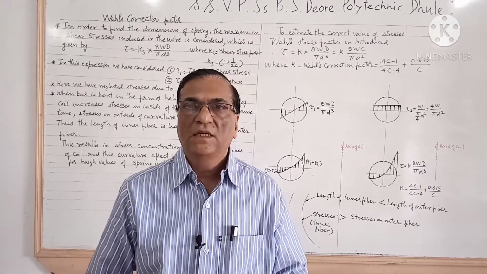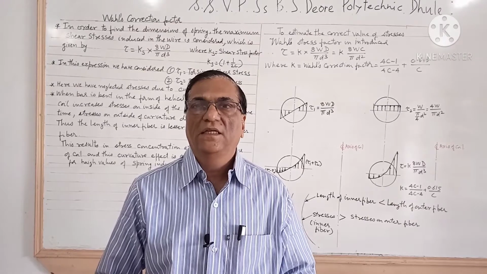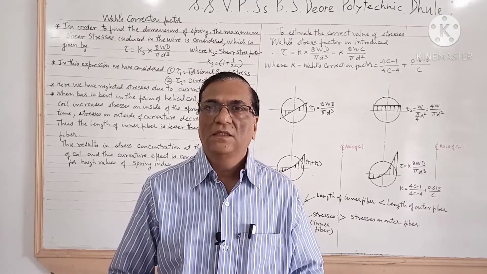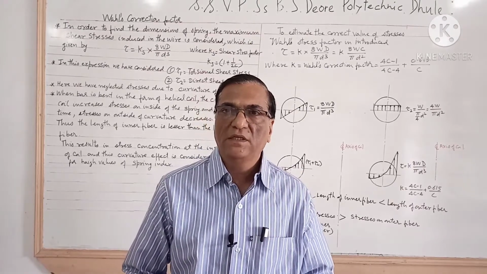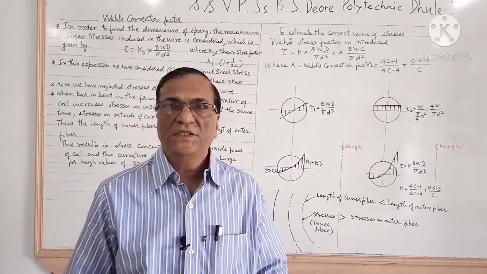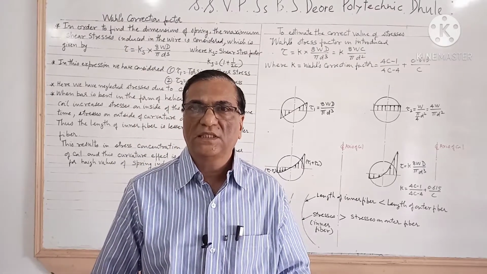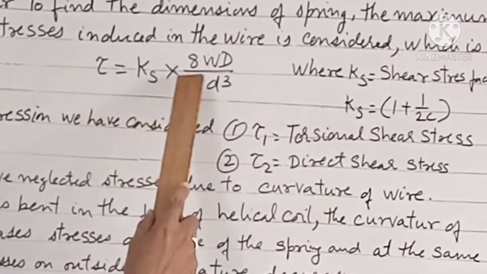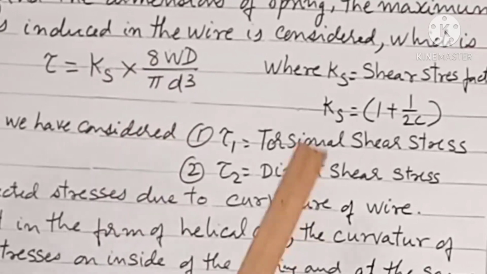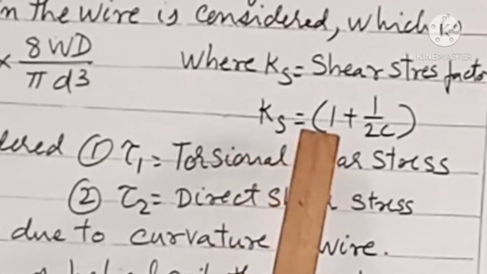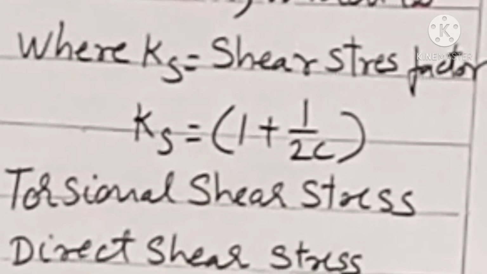In the previous lecture, we studied the total stresses in the helical coil compression spring or tension spring by neglecting the effect of curvature, and the expression obtained for the total shear stress was tau is equal to Ks into 8WD upon pi d cube, where Ks is the shear stress factor whose value is given by Ks is equal to 1 plus 1 upon 2C.